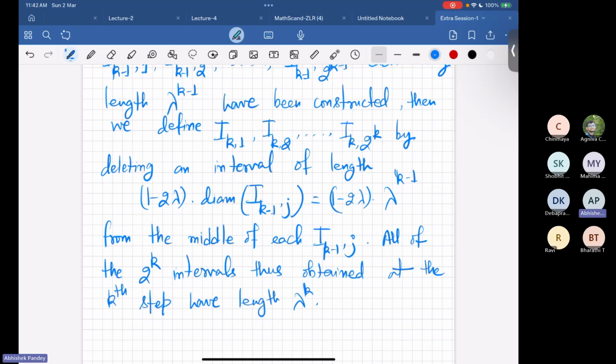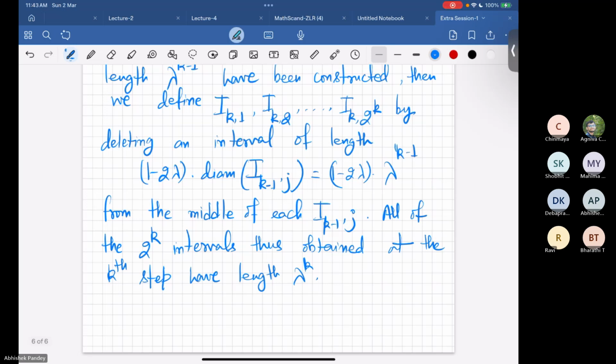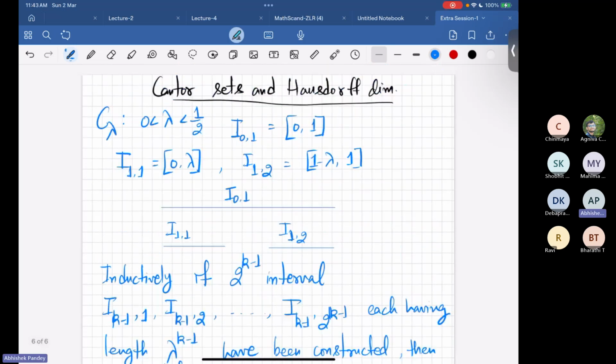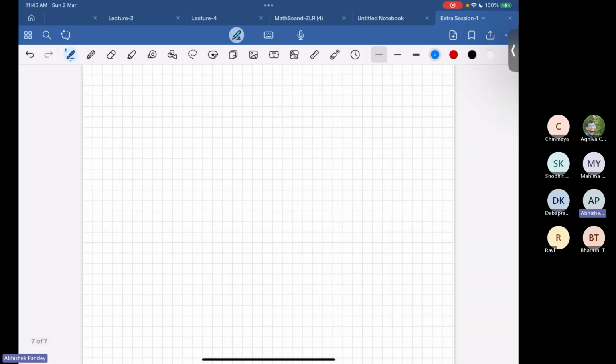If you're feeling difficulty while understanding this one, just keep the recall of this 1/3 Cantor set, the way it has been constructed. Okay, fine. So now how do we define?